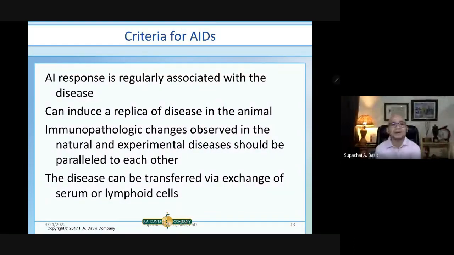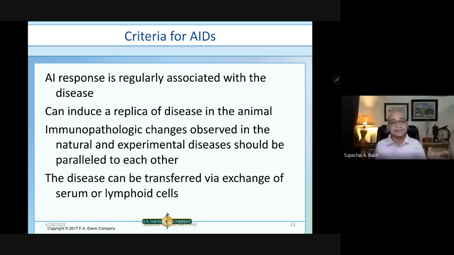So what are the criteria to be considered as autoimmune? First, the autoimmune response is regularly associated with the disease. And we can induce a replica of the disease in an animal. Its immunopathologic changes can be observed in the natural and experimental diseases, and they should parallel each other.